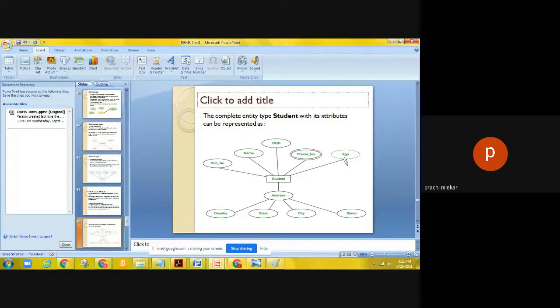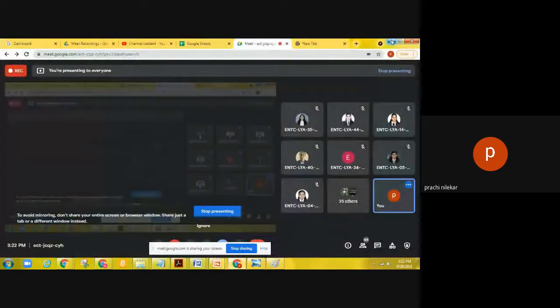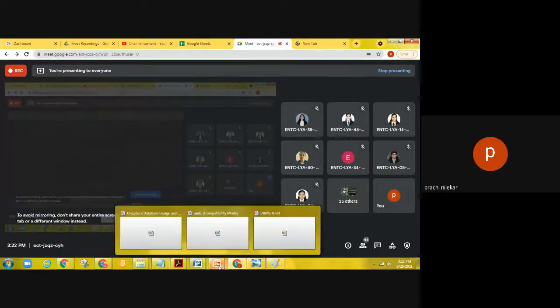What's the type of attribute? Just now you said derived. Yes. Who was the answer? Pallavi told the answer. Okay, Pallavi. Thank you. Correct.